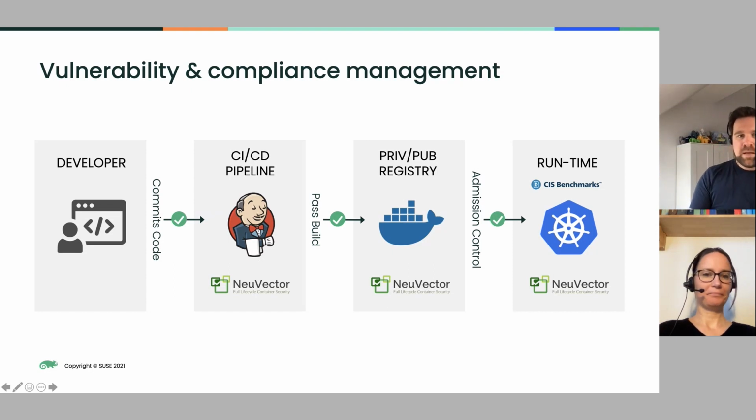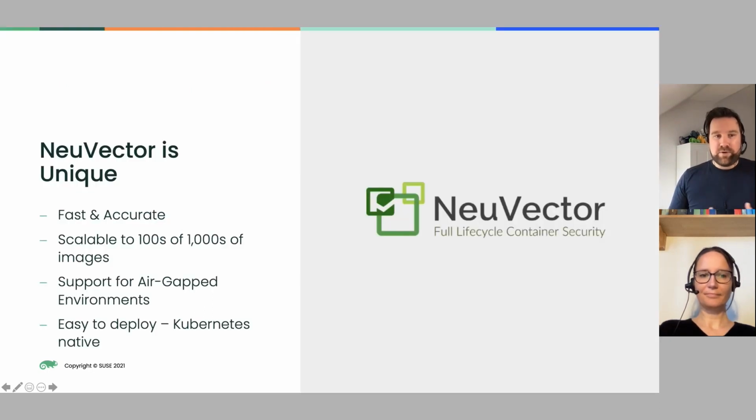A lot of tools do all this scanning part actually. We even covered, in the video before, some of the tools that do registry scanning and CI/CD scanning. This is not something that is specifically unique to NeuVector.